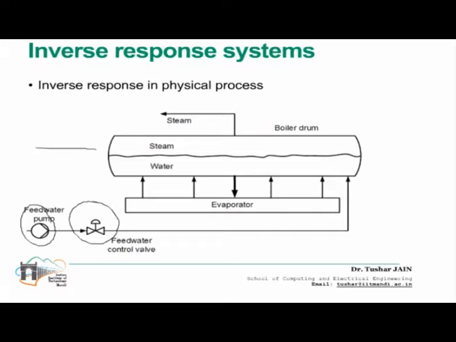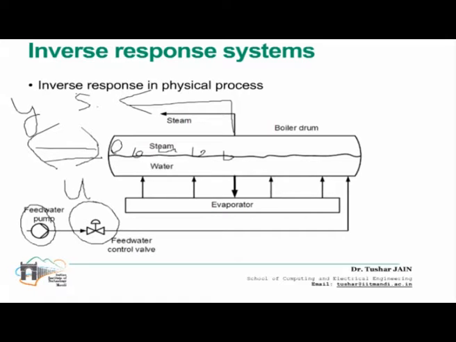Now you have a boiler drum which is used to boil the water and produce the steam. Here you will have some vapor bubbles also, and here you take the steam out. So representing it as a simple process, let's say I call this the input of the system, and this is my output, y of t.